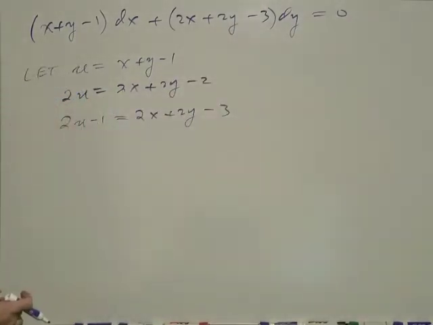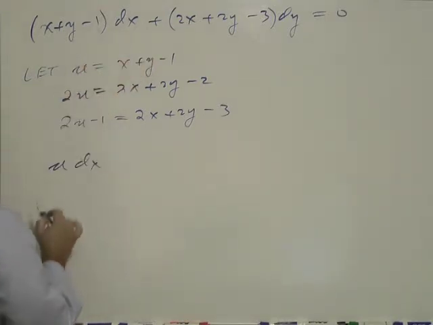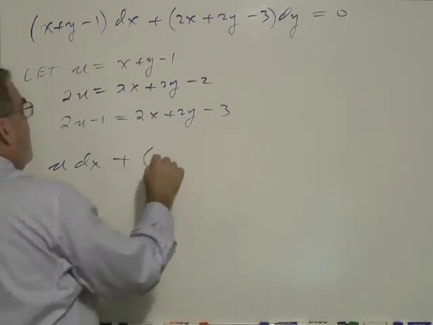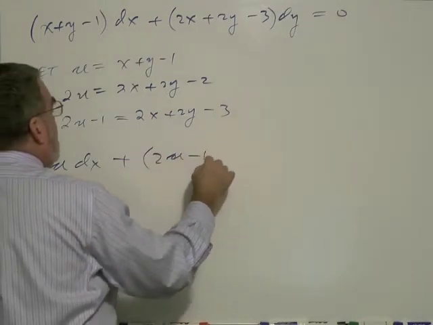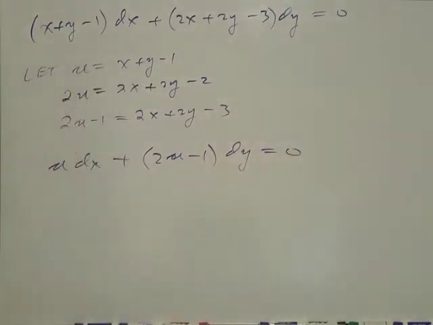So I've got a substitution I can use here. This gives me u dx plus (2u - 1) dy equal to 0.